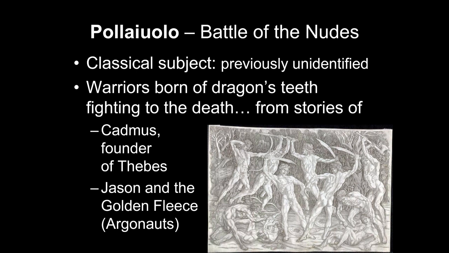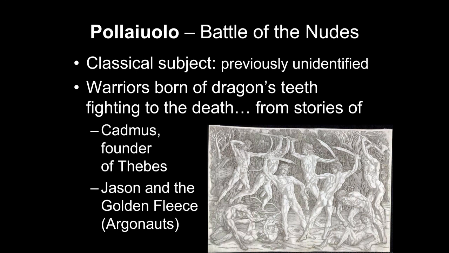There's 2 stories in classical antiquity. One has to do with the founding of Thebes by Cadmus. And the other one, which may be a bit more familiar, is the story of the Argonauts and Jason and the Golden Fleece. And in both cases, with Jason, he's given a task to do that they think is going to kill him. And he's given this bag of dragon's teeth, and he's supposed to sow them in the field.